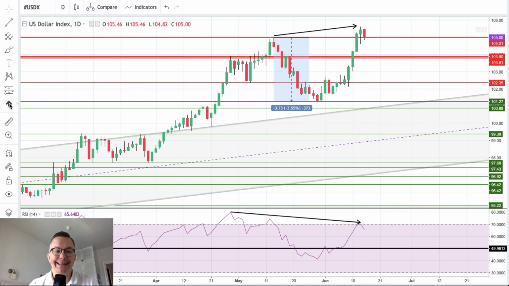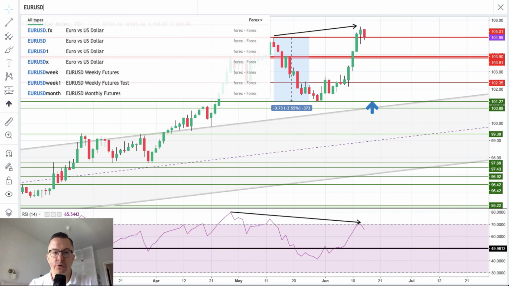So the key technical support right now for the US dollar index is still 101.27. So we should be paying attention to this level. So what else? Of course, euro dollar.